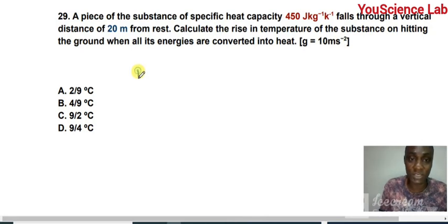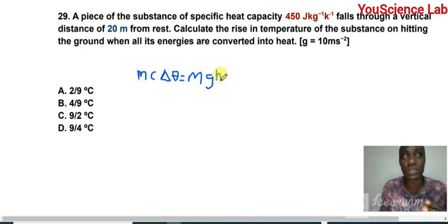So I'm going to have mc delta theta is equal to mgh. This follows the principle of conservation of energy. So the energy is conserved.